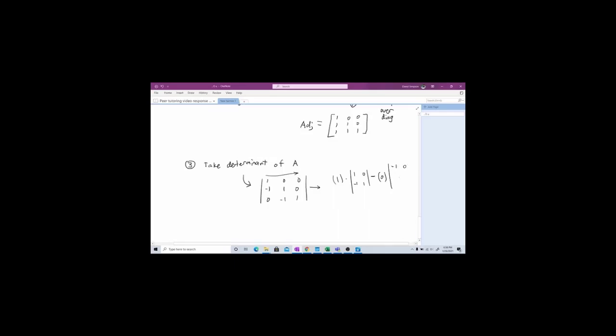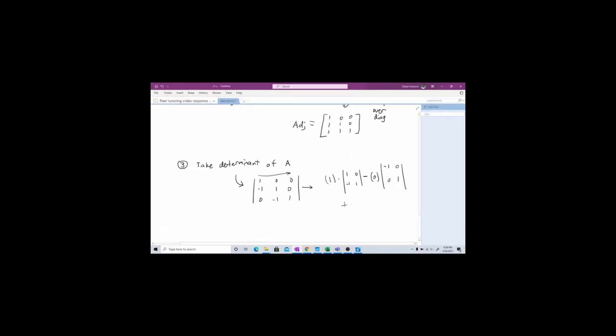So negative 1, 0, 0, 1, which of course comes from there, as that's what would be left. And finally, we're going to do plus the third element in the first row, which is a 0, times the determinant of negative 1, 1, 0, negative 1, which is what would be left of taking the same row and column out.